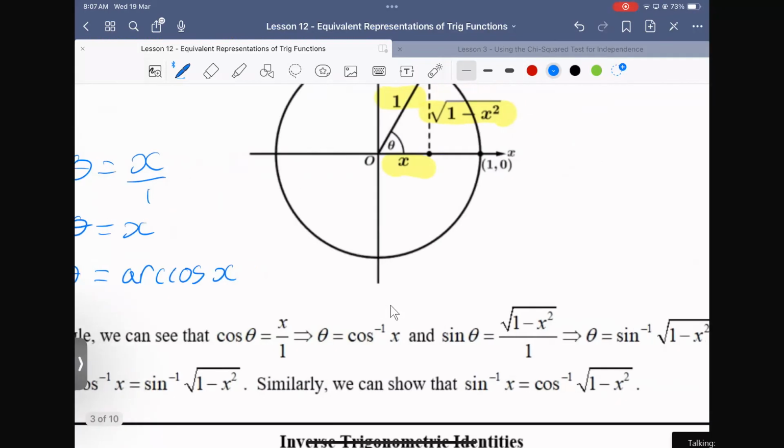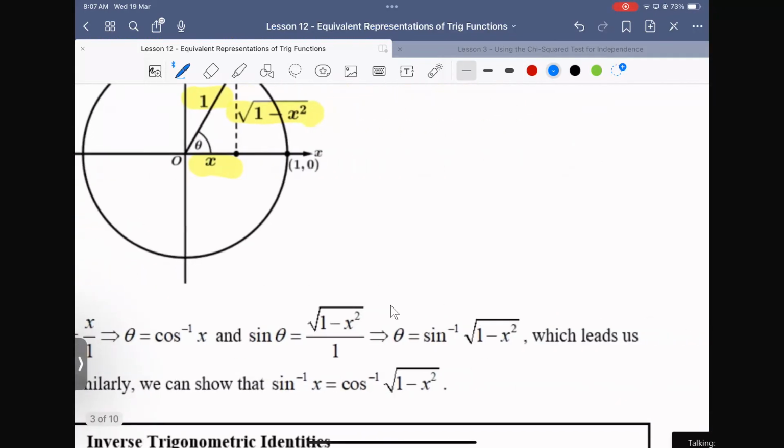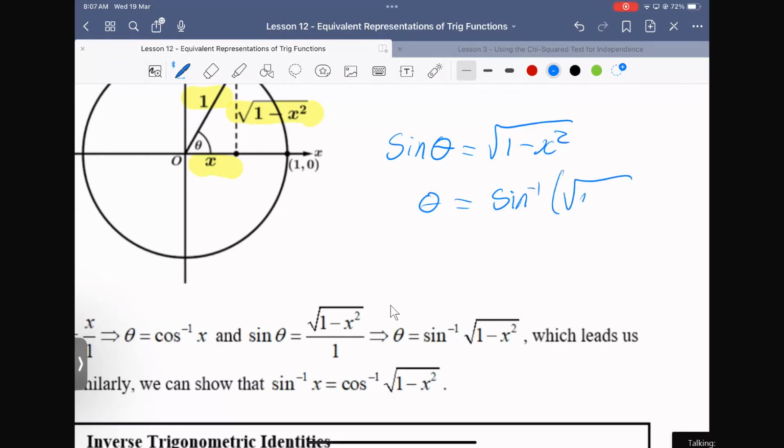Now, for the sine, in this case, the sine of theta is equal to root 1 minus x squared. And that means theta is equal to arc sine of root 1 minus x squared.